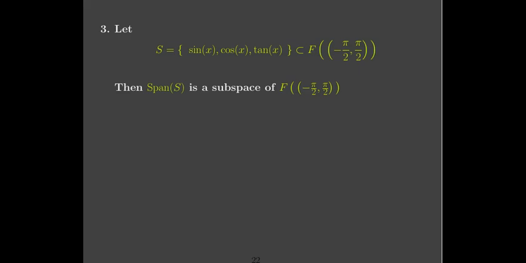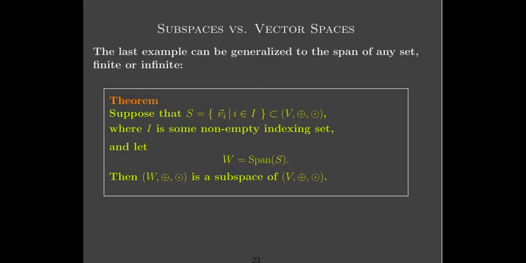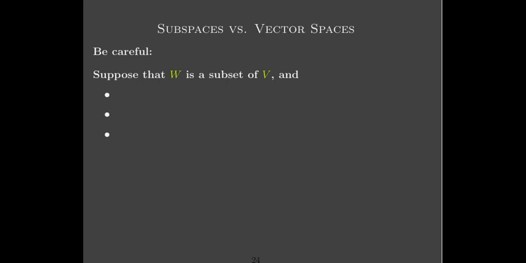You took a set of vectors, their span was always a subspace. And that's true in general. If you have any set, finite or infinite, of vectors, and you form their span, the span of those vectors is a subspace.